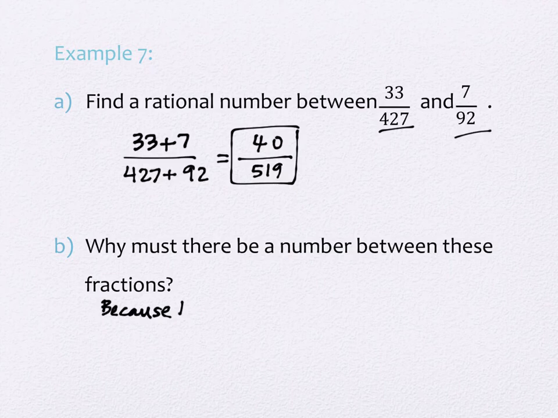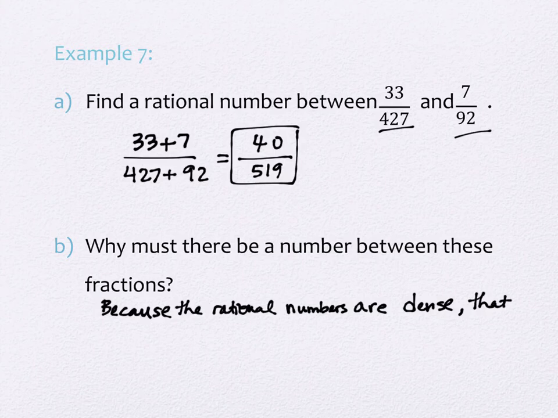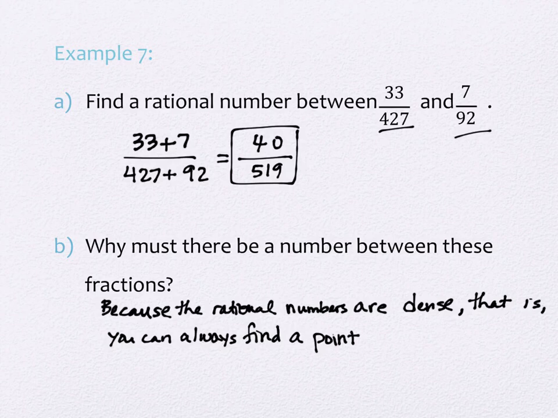So because the rational numbers are dense, that is, you can always find a point halfway, and then I'm going to be more vague and say partway.